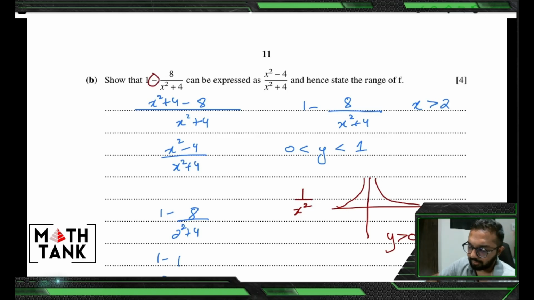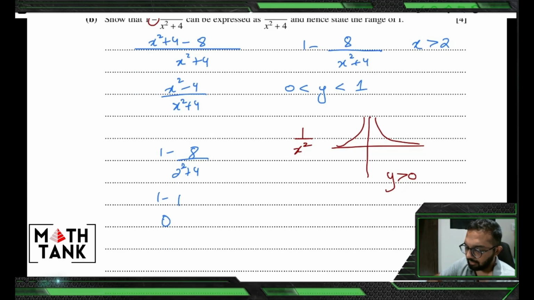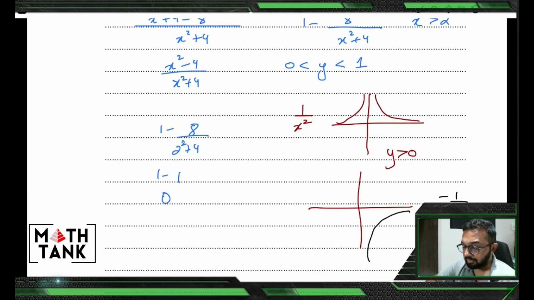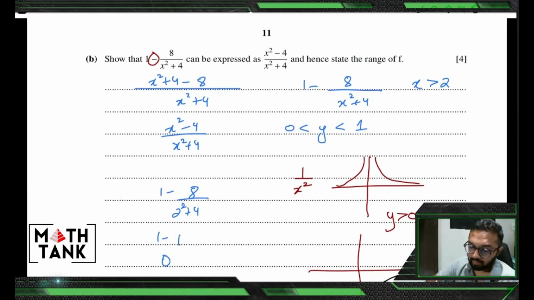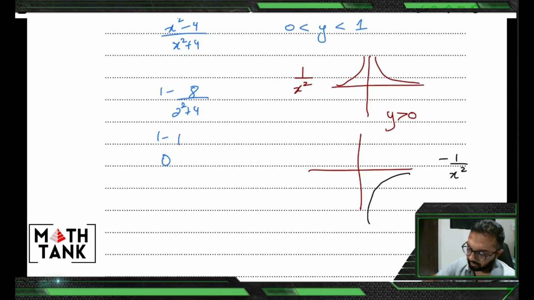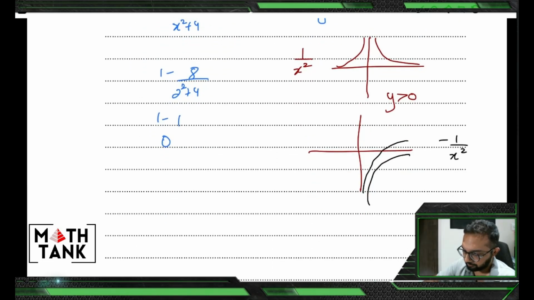But when you put a minus, this curve essentially becomes something like this. The minus 1 over x squared looks like that. So it then has a maximum value of 0, and when I move it 1 unit up, it goes something like this. So the asymptote moves to 1.